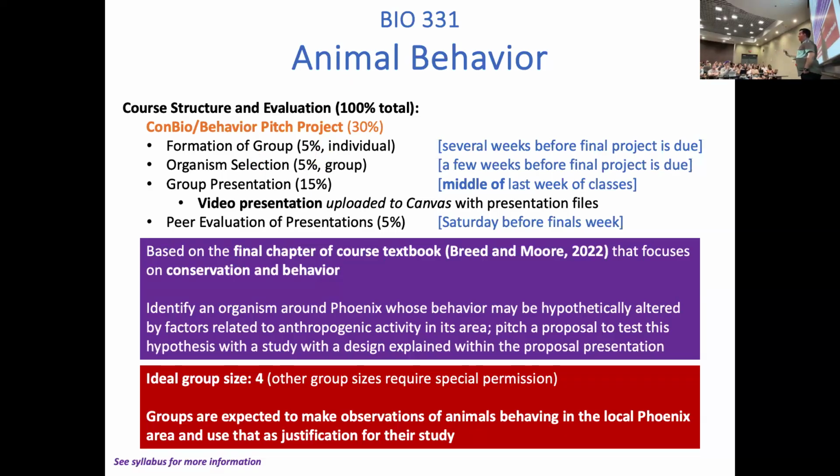So the idea here again is to pitch. You're not going to do the experiment, but you're going to say, based on some interesting feature that happened in the greater Phoenix metro area, you've noticed that there is a juxtaposition, an intermingling of animals and human infrastructure, or humans, Gesundheit, that may involve alterations in animal behavior in some potentially interesting or significant way.